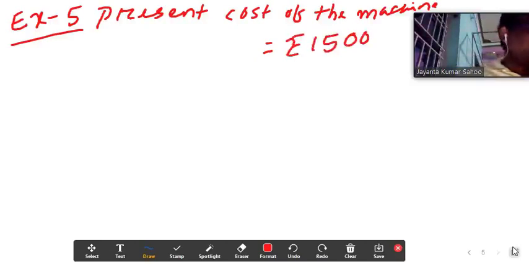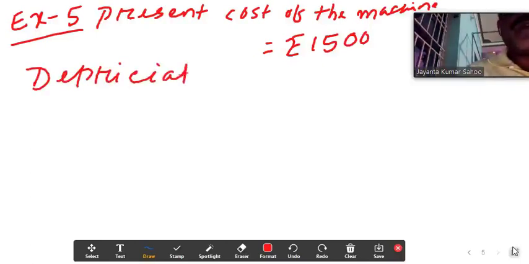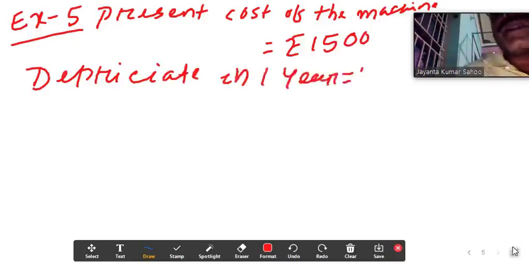So depreciate in 1 year, depreciate means it is reduced in 1 year equal to 10%.